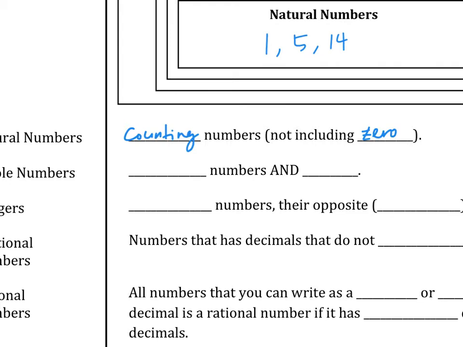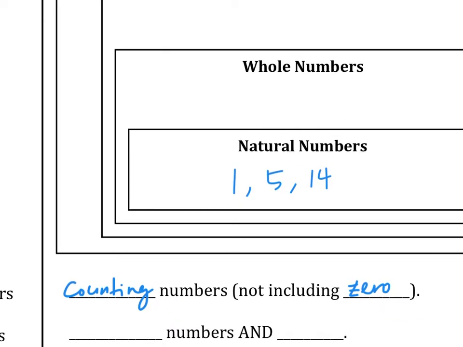So that is the smallest category of numbers because it includes the smallest amount of numbers. The next category up is whole numbers. So you can see how the family kind of works. Whole numbers will include natural numbers. So what's the difference between whole numbers and natural numbers? Zeros.